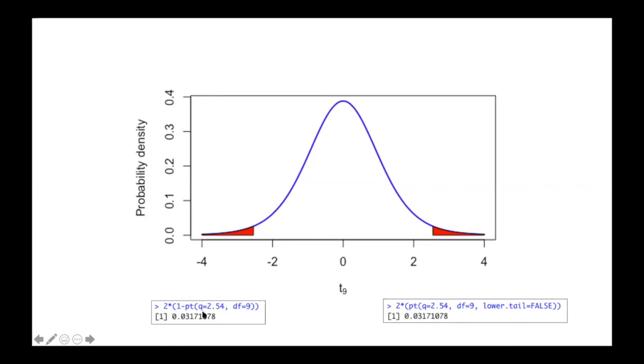So we can use 1 minus pt, or we can specify instead that we want the upper tail, and so lower.tail is false, meaning the upper tail is true. And because we're dealing with a two-tailed statistical test, and our t-distribution is symmetrical, we can simply take this probability shown in red and multiply it by 2 to get the sum of these two different red probabilities at the upper end and the lower end.